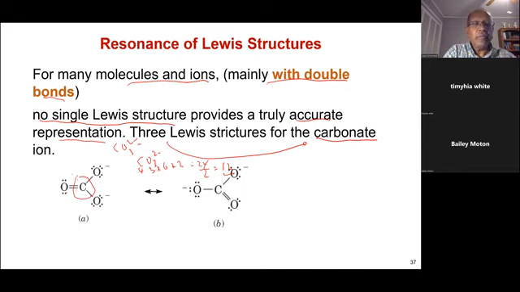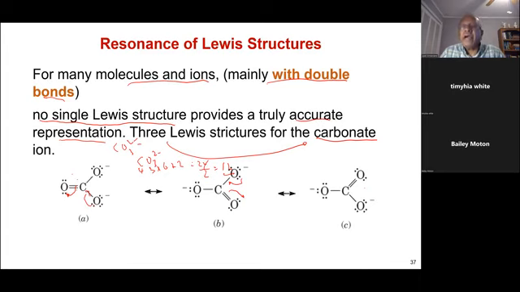You can move electrons. You can move this electron to make a double bond here, and you get this structure. You can move this electron here, move this back there, and you get this structure.